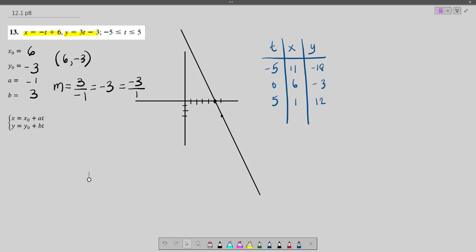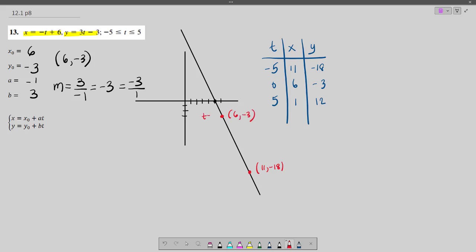Let's go with red, that should stand out on the black. So our first point is 11, -18, so here's 11, -18, and that corresponds to our t value of -5. And then t equals 0, 6, -3, right there.